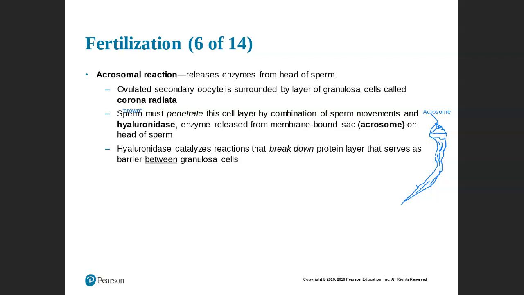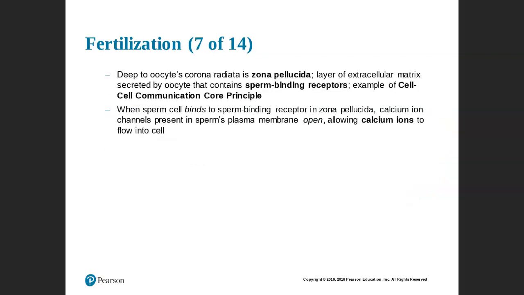Hyaluronidase will catalyze a reaction that breaks down the corona radiata, the protein layer that serves as the barrier between the granulosa cells in the corona radiata. Just deep to the corona radiata is a very tough cell membrane called the zona pellucida. It's a tough layer of extracellular matrix created by the oocyte, and it contains sperm binding receptors.